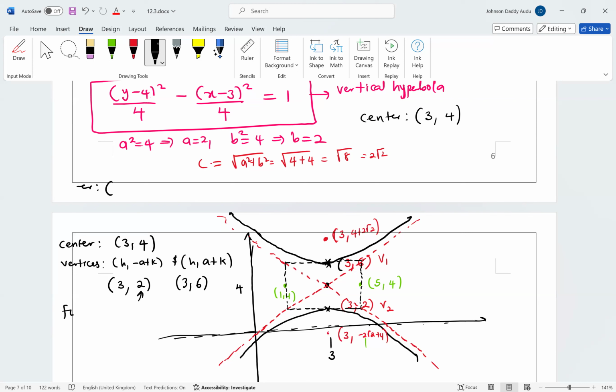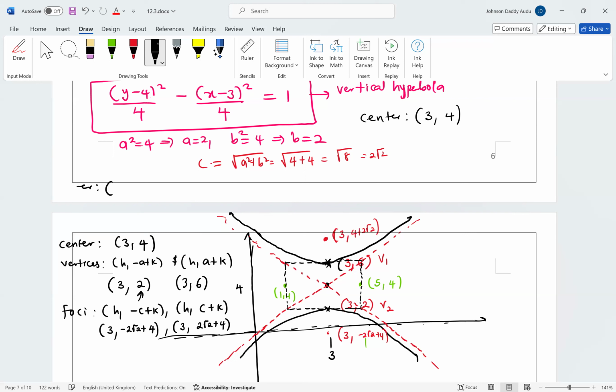Then now the foci, where H is fixed, you have minus C plus K, and also H, and then C plus K. So what is H? H is fixed as 3, so here will be 3, then minus 2 root 2 plus 4, or you have 3, then 2 root 2 plus 4.